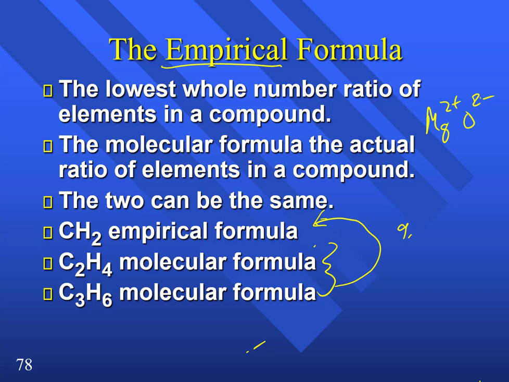Because the percent carbon is going to be the same in all 3 of these. Everybody see why the percent carbon would be the same? It's got 3 times as much of everything, and you're dividing by 3 times as much. 3 times as much carbon divided by 3 times as heavy, you're going to end up right where you belong. So all these would have the same percent carbon and percent hydrogen, but they'd be different molecules.